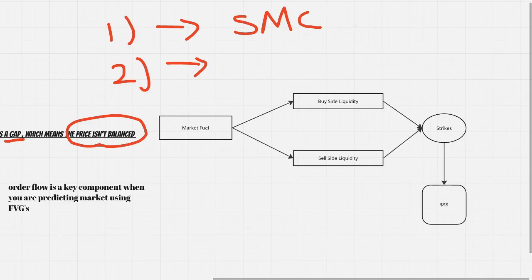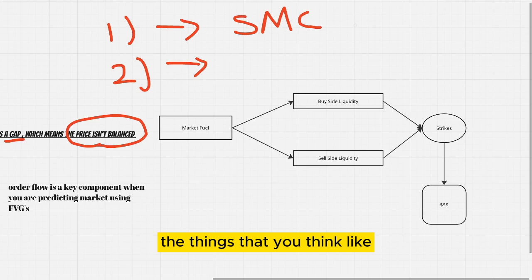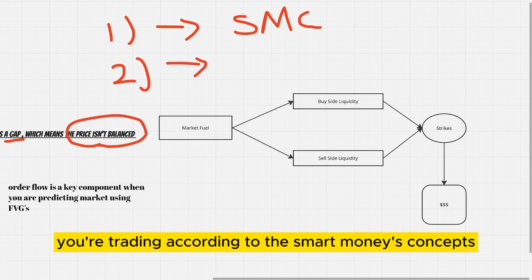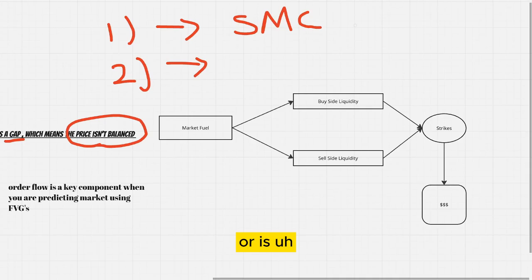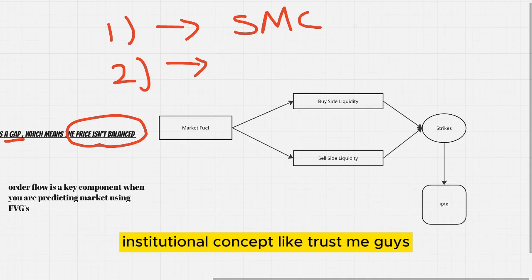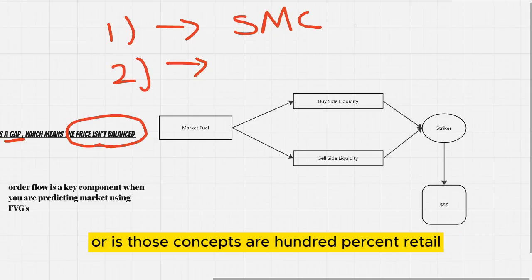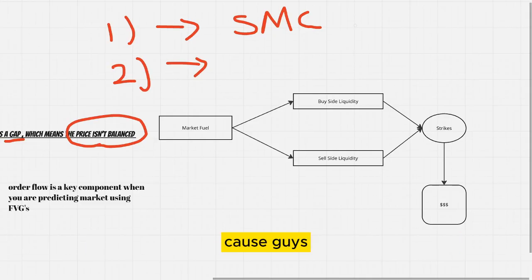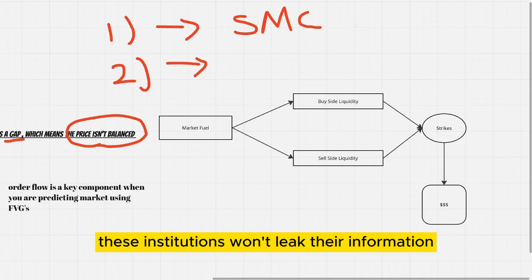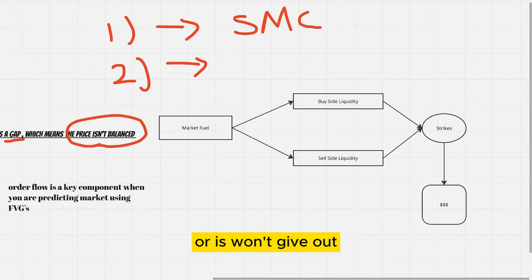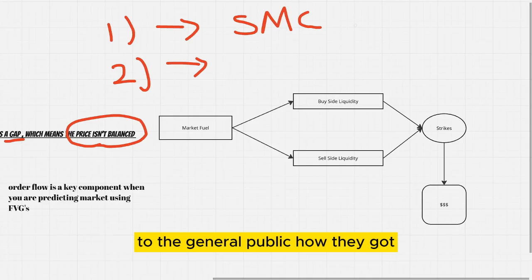But guys, trust me, the things that you think you're trading according to smart money concepts or institutional concepts are 100% man-made, or 100% retail, because these institutions won't leak their information or give out to the general public how those buggers are trading. So keep that in your mind.